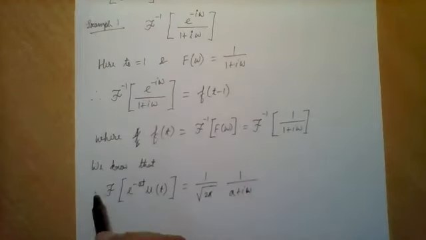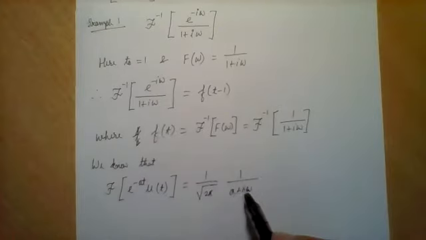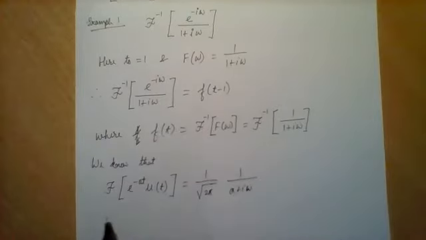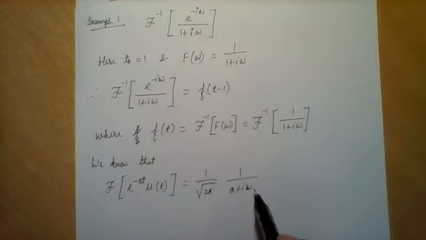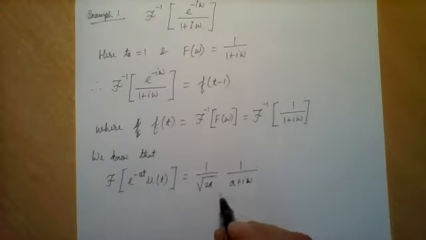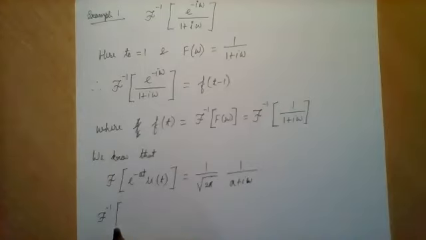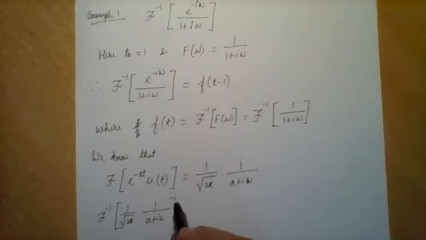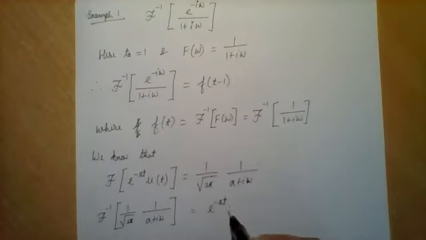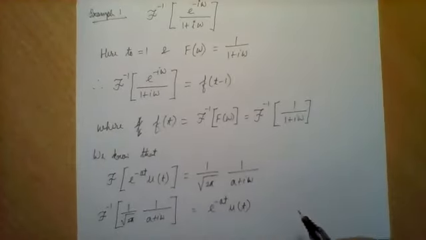Or if I take the inverse Fourier transform of both sides, what do we get? We get the inverse Fourier transform of 1 by root 2 pi times 1 by a plus I omega, and this is e to the power minus at u of t.